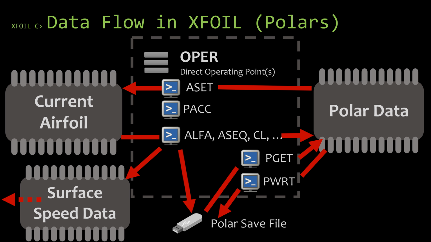You can specify, I want to know the drag polar at 5 degrees angle of attack, or you can specify a sequence of alphas, from -1 degree to 10 degrees in 1 degree increments, and get the drag polars from that. So that's the idea behind this OPER menu.